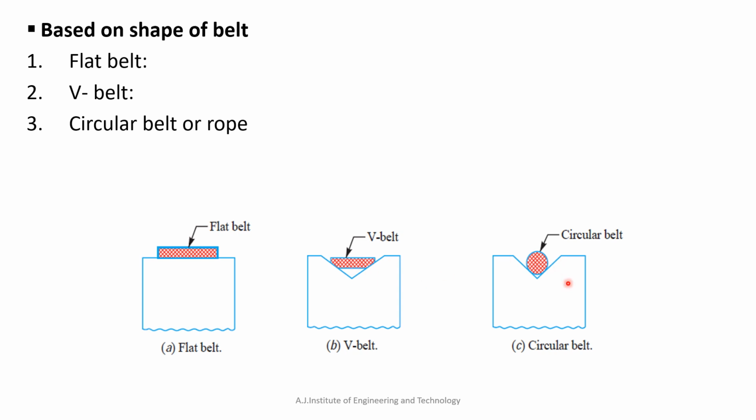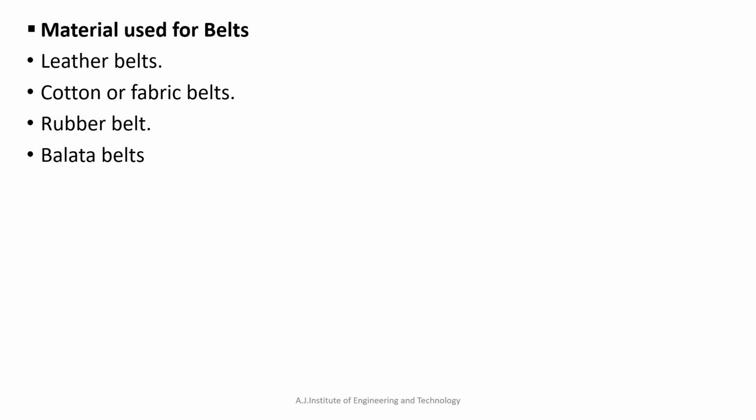Next, the third one is the circular belt. With a circular belt, we can transfer a large amount of power as well as over a long distance. Most industrial applications use this circular belt. So these are the three types of belt based on the shape. Next, materials used for belts.